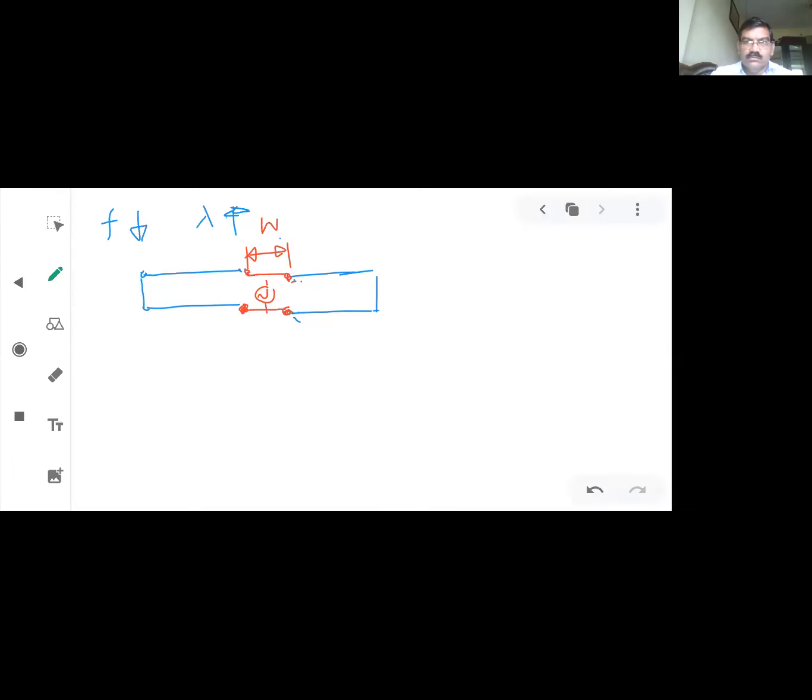Now, if the frequency reduces and because of which the wavelength increases, the short circuited lines on the left hand side and on the right hand side are going to contribute to the standing wave. So in the earlier case, the frequency was such that the standing wave which was getting generated was something like this, right?